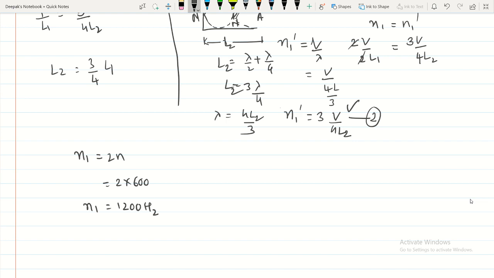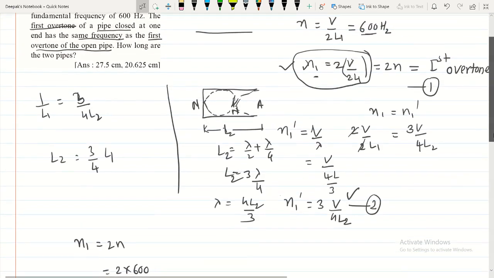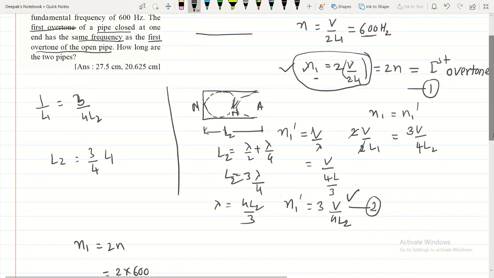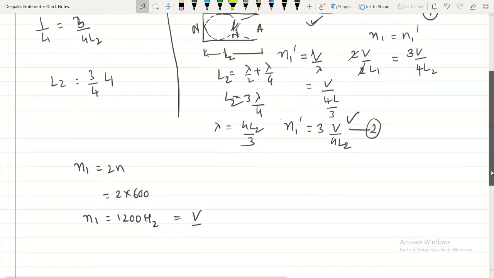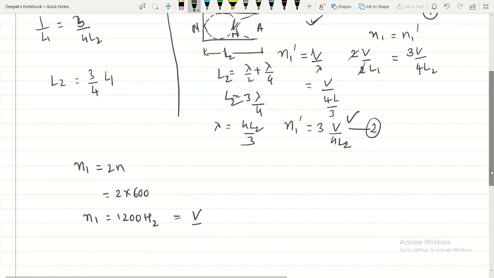So what is the formula of N1? That is equal to V upon L. This 2 and this 2 will get cancelled, V upon L1 it will be, right? I'll write down V upon L1 in this case.